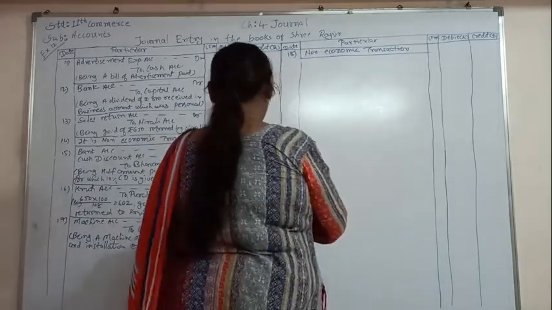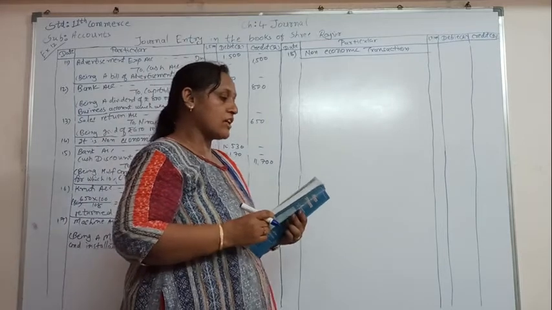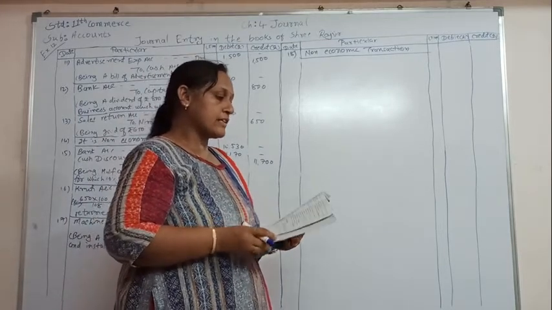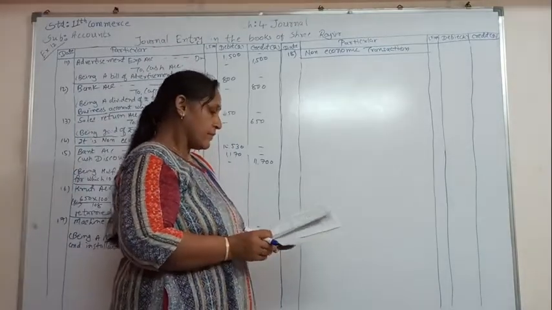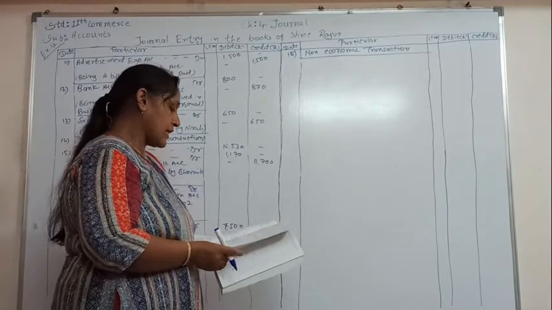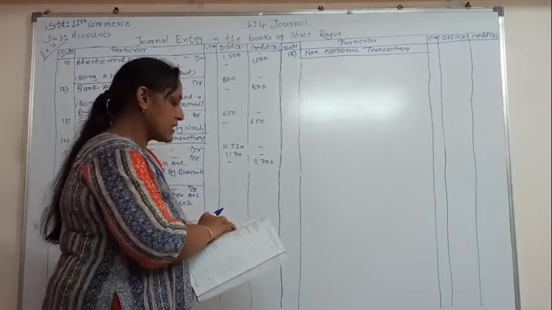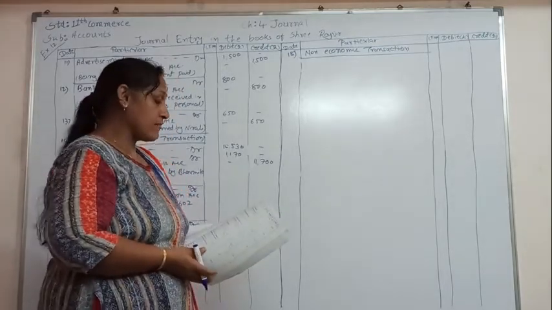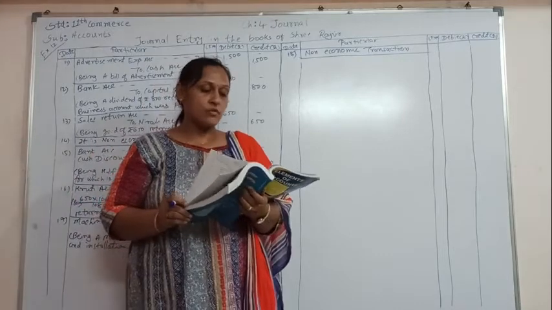And for the date number 19, after deducting 100 discount, check issued to Royal Traders as a final settlement. So here we can see that we have purchased the goods from the Royal Traders, and for that we are paying them. We purchased goods of rupees 27,000, and in that we have added railway freight and wages of rupees 3,000.